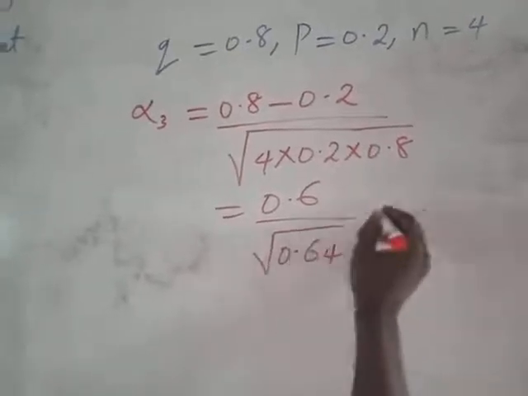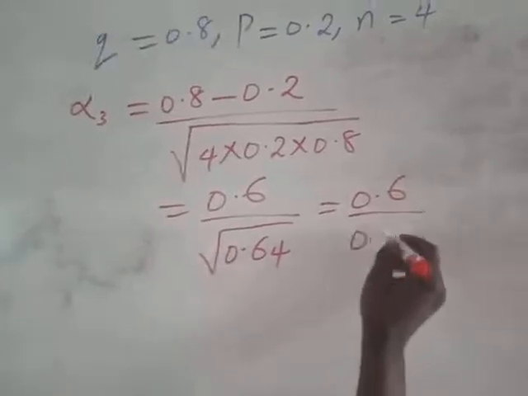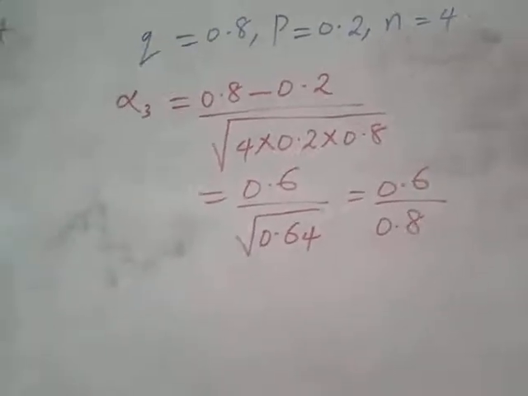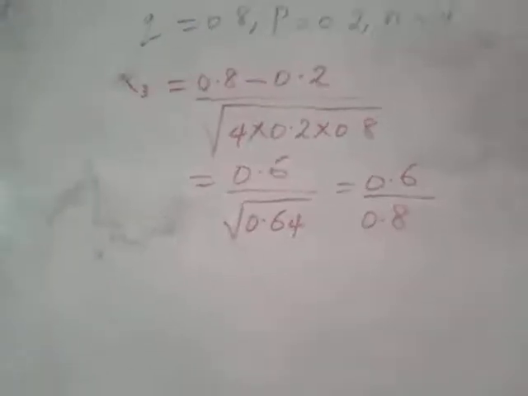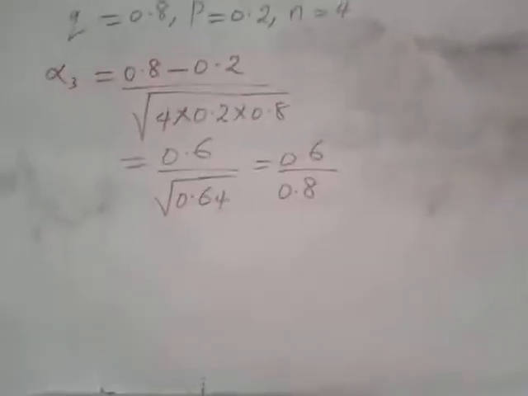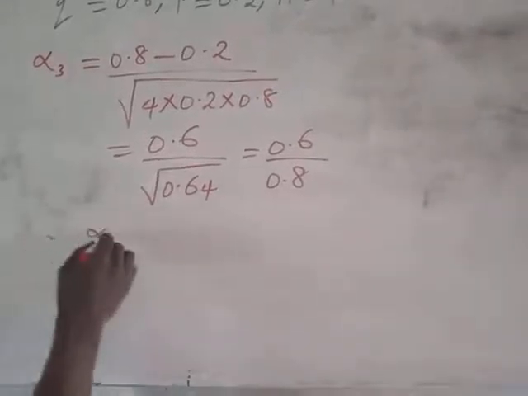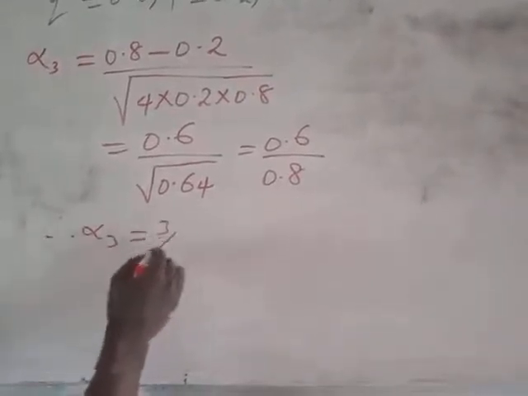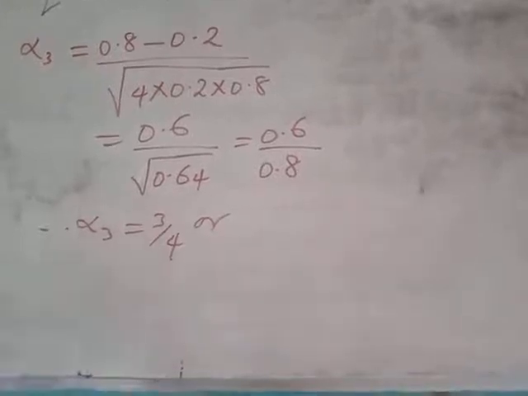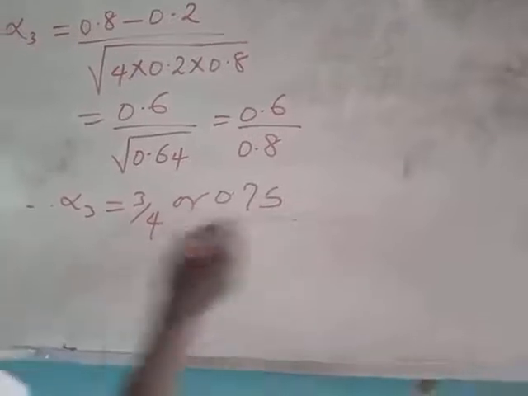The square root of 0.64 is 0.8, so this will be 0.6 all over 0.8. If you divide 0.6 by 0.8, our answer will be 3/4, or 0.75. So this is the moment coefficient of skewness.